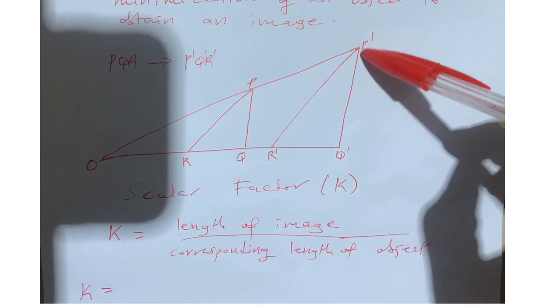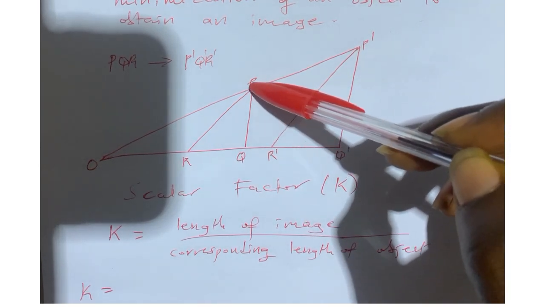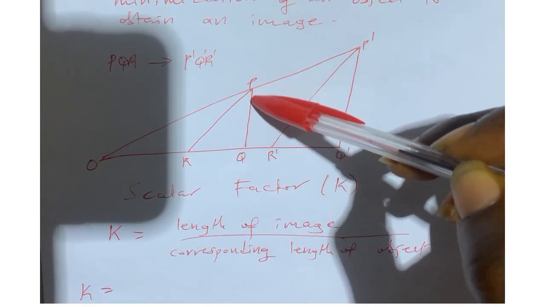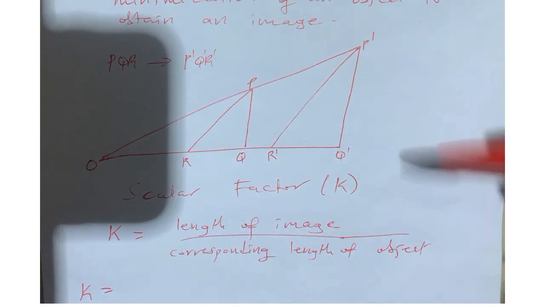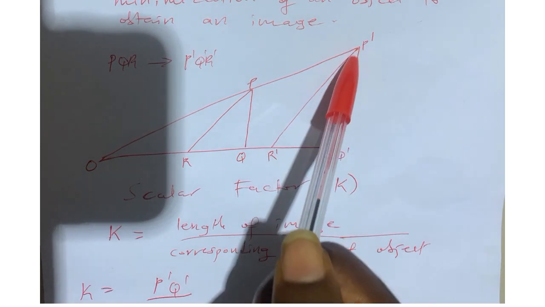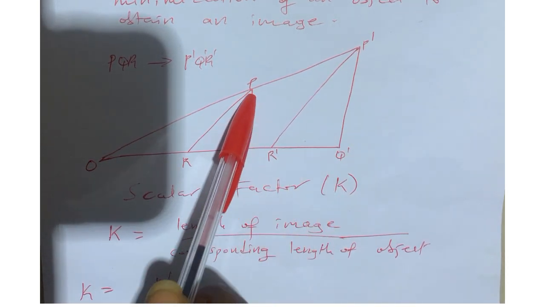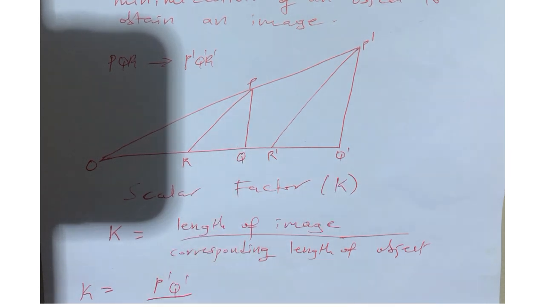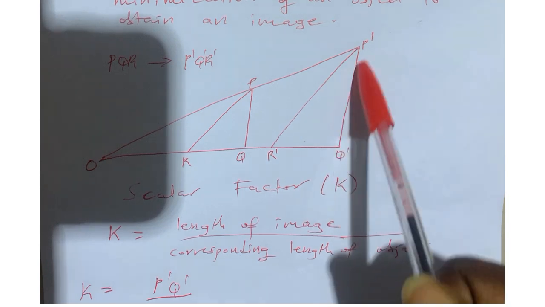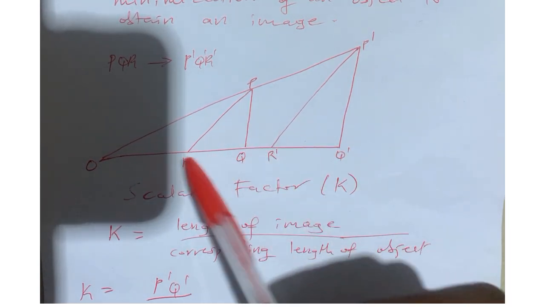But you realize that P prime Q prime is the image, and this PQ is the object. So my image, P prime Q prime, corresponds to this side of my object, PQ. Okay, and when I do this operation, I'm going to get a scale factor for this diagram.